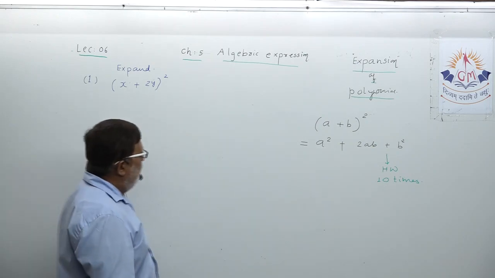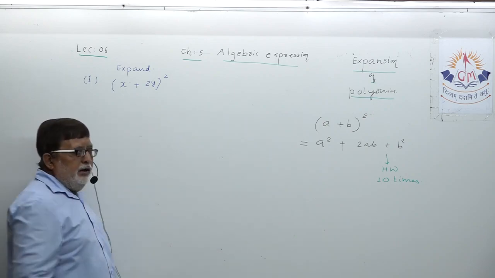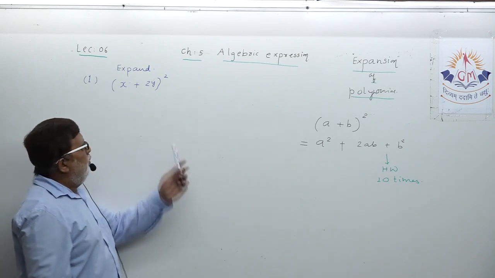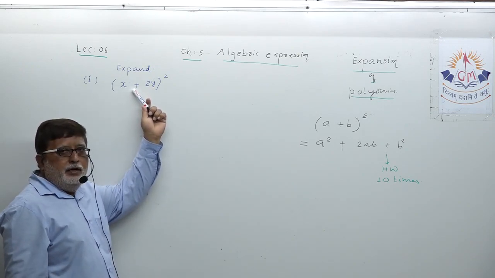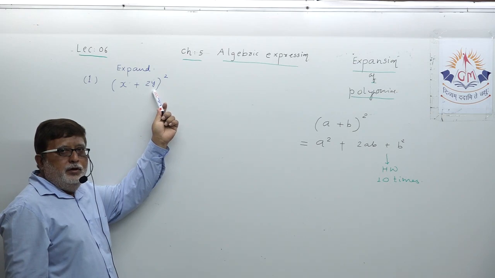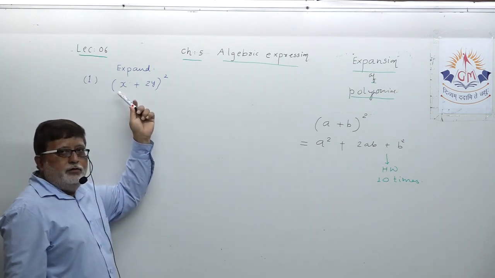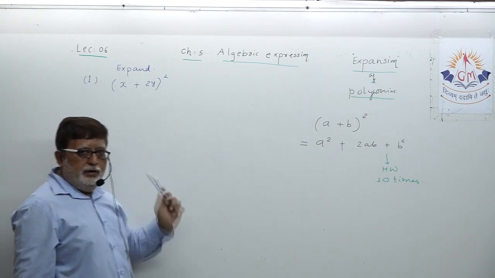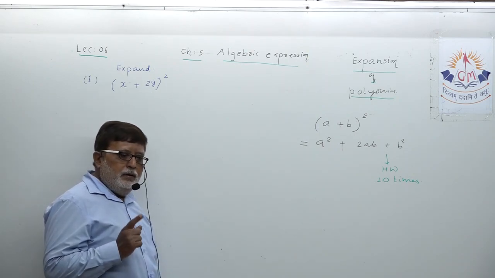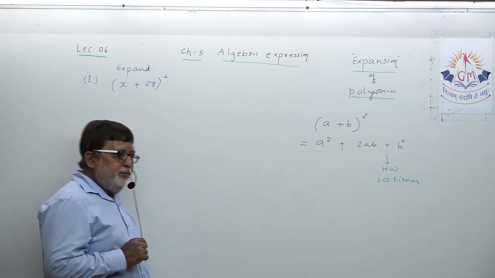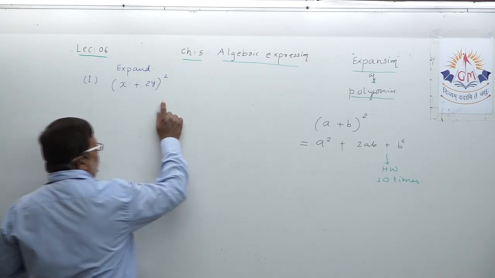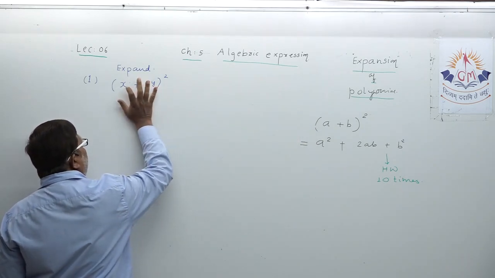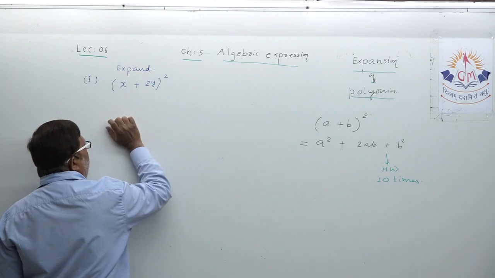Whenever you come across expansion of polynomial where there is a format looking like a plus b whole square, this is a, this is b. Is it clear in your mind? You just compare the format. There is a plus b whole square. Here is x plus 2y whole square.